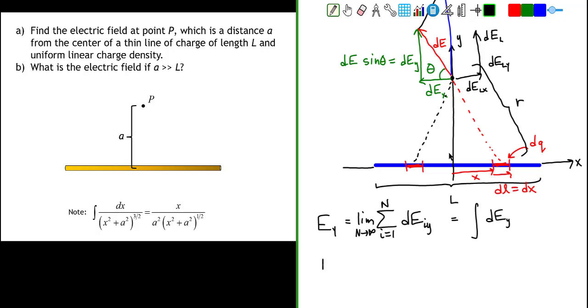This means that the net electric field is going to be equal to the integral of dE times the sine of that angle. And dE, we said earlier, is equal to k dq over r squared, times the sine of the angle.